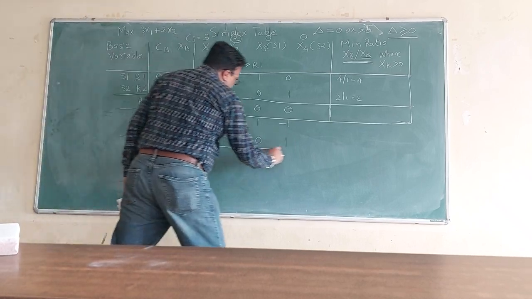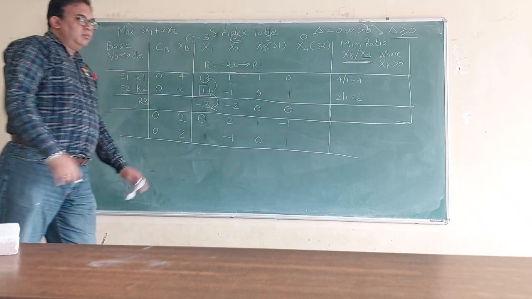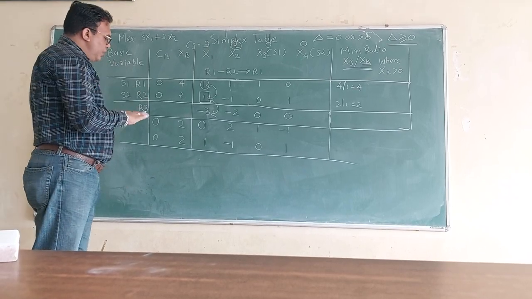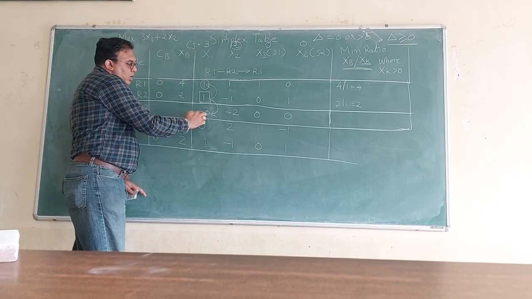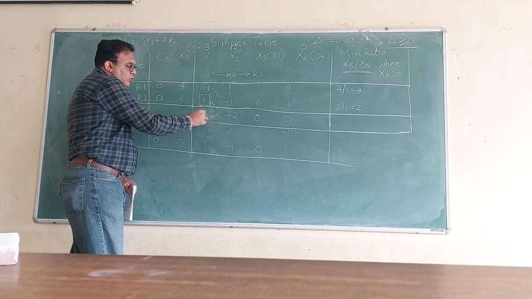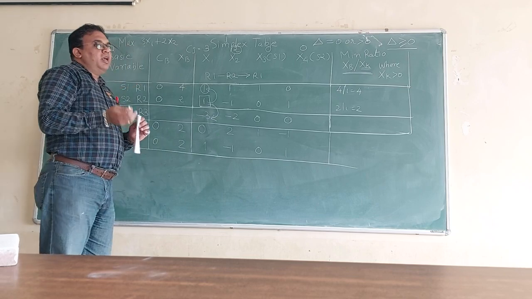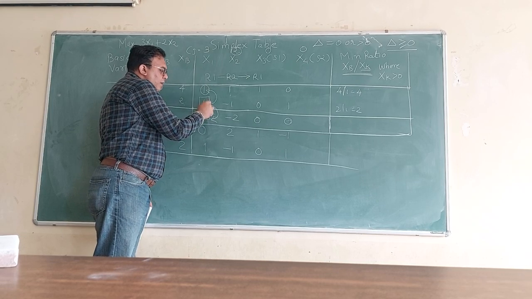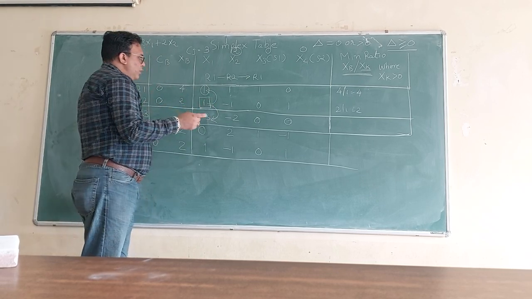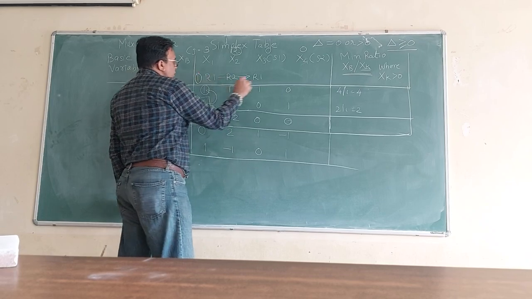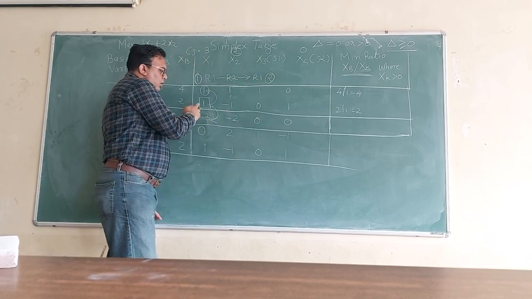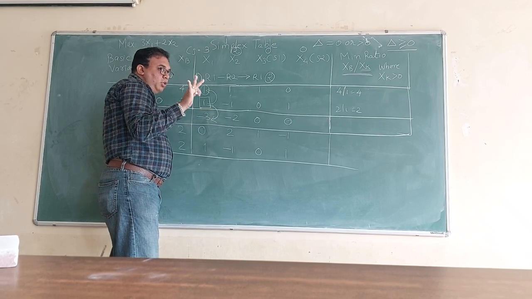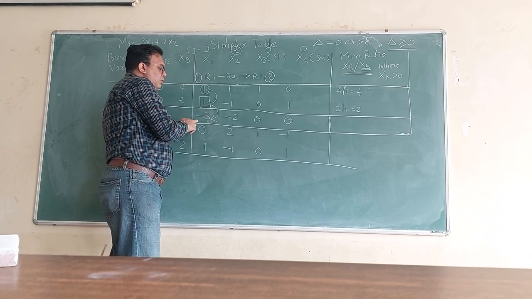Now again we have to find the value of delta. Sorry, row number 3rd રહી ગયું છે. Row number 3, this also we have to convert into 0. What we have to do in this case? In row number 2, we have to multiply this row with 3. This is our logic 1 and this is our logic 2. I am going to multiply row number 2 with 3 and add to row number 3.